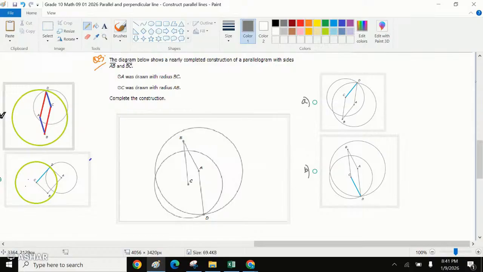Thank you. Why? Because when we look at the circles, the smaller circle is at the bottom. But in option A, the smaller circle is at the top. That cannot be the shape. Thank you for the answer.